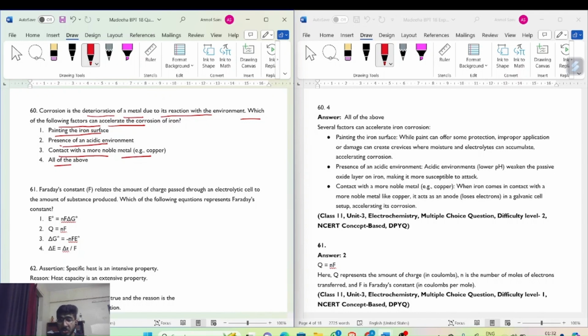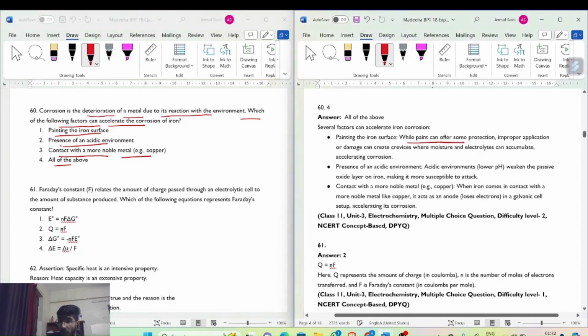So the first option, painting the iron surface. While painting can offer some protection for a very short time period, in the future damage can be created where moisture and electrolyte can accumulate and accelerate corrosion.